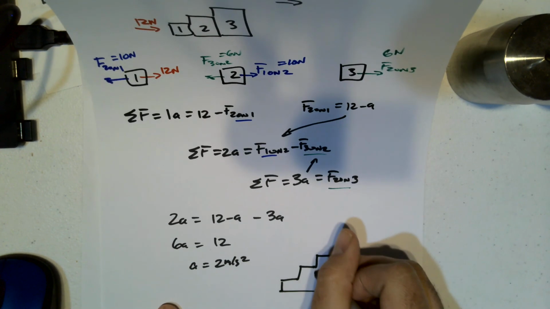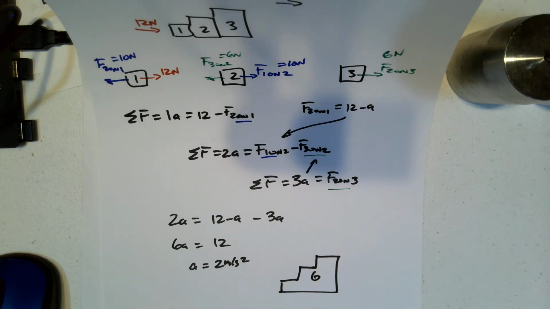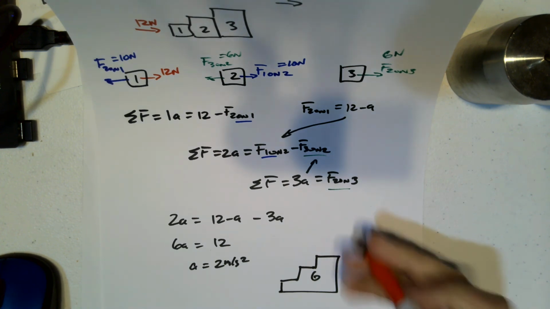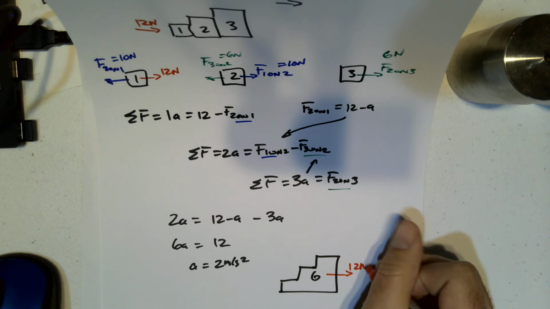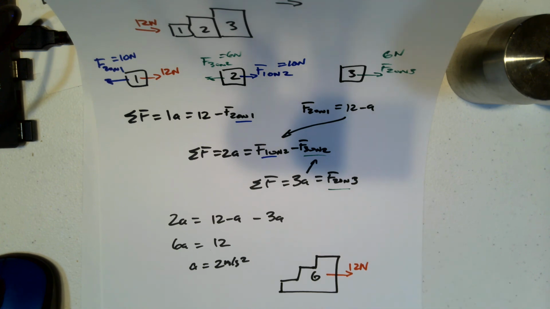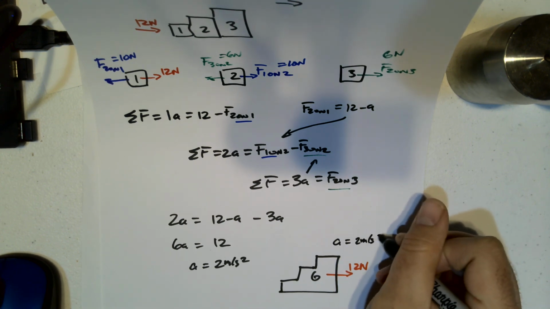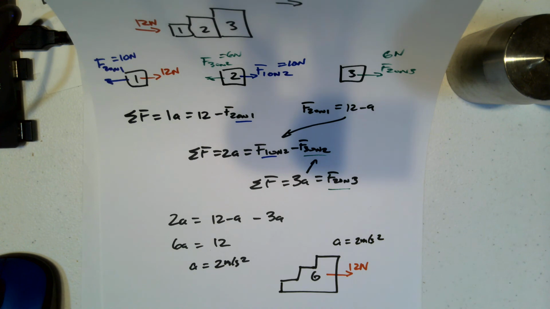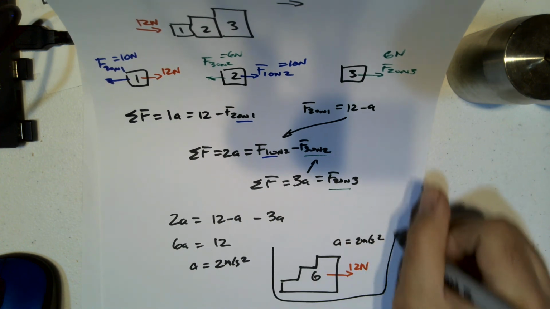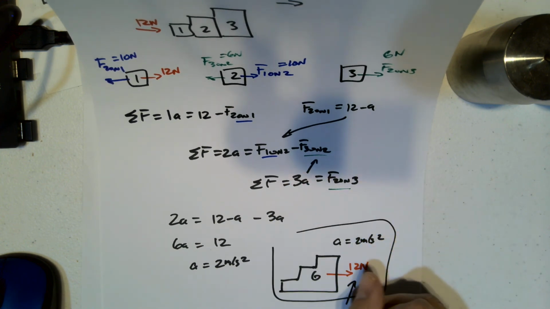They're a total mass of 6, and essentially, when we look at our external force of 12 newtons, I can see right away, well, if I have that force acting on that object there, I could solve for a pretty quickly and get 2 meters per second squared using sigma F equals ma. So that is a shortcut considering that this is an external force.